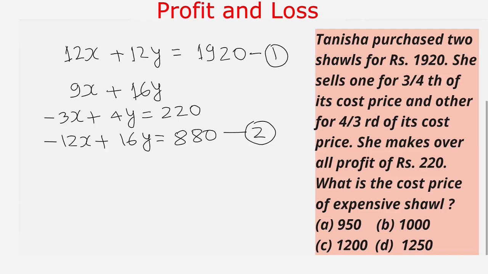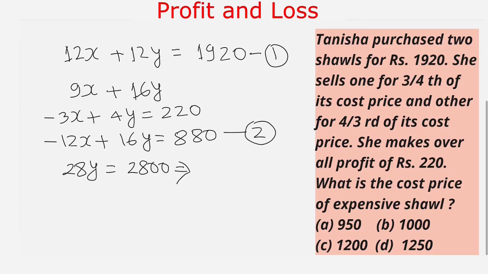And adding equation number 1 and 2, we get 12x is cancelled by minus 12x and 12y plus 16y equal to 28y, which is equal to 1920 plus 880, that is 2800.